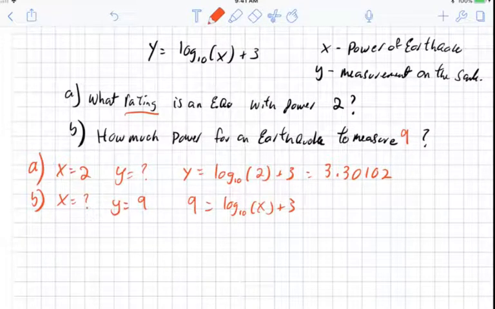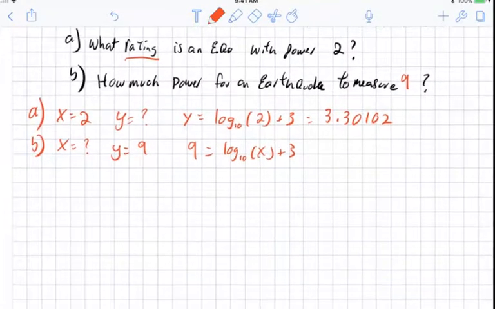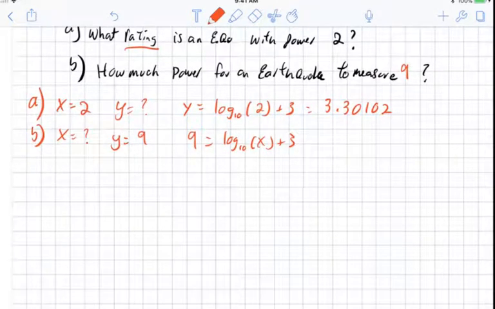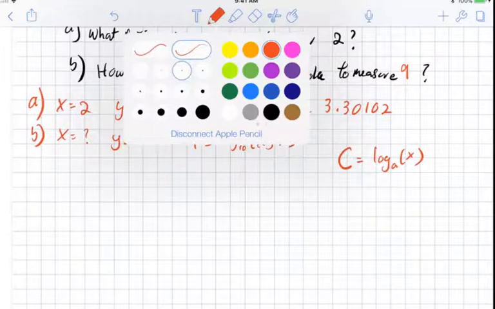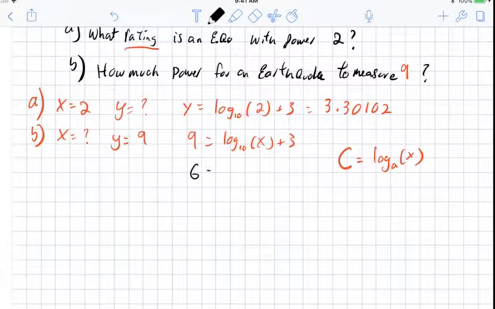Okay, so how do I solve this? First off, just like with exponentials, what you want is some number on one side and then a bare logarithm on the other side, okay? So I'm going to subtract 3 from both sides. So that gives you 6 is equal to log base 10 of x.